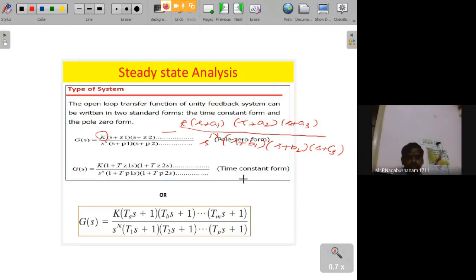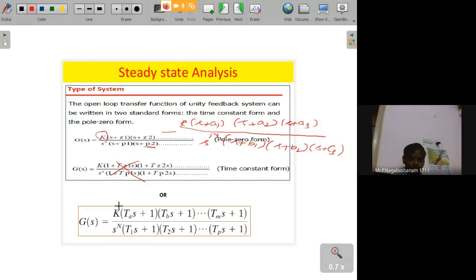What about the time constant form? If you take Z1 outside, Z2 outside, then you get 1 plus, 1 plus.